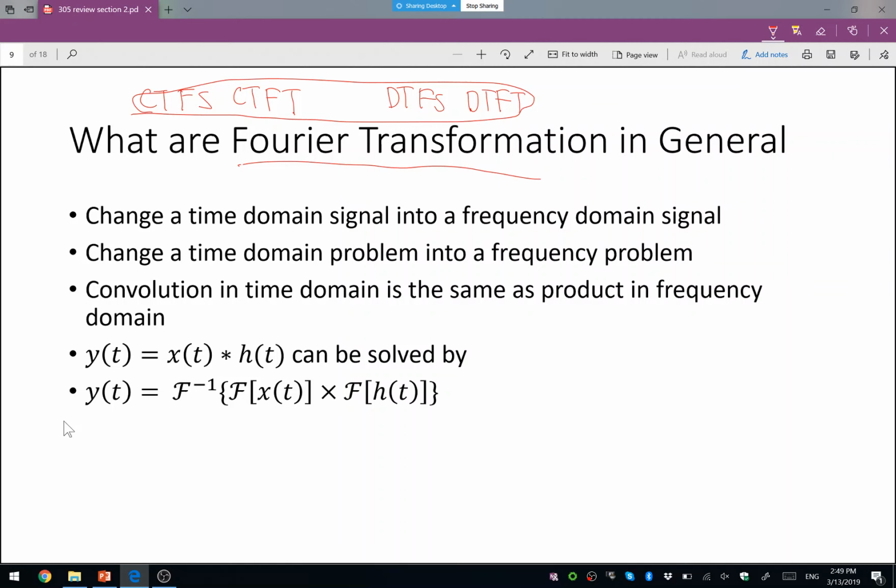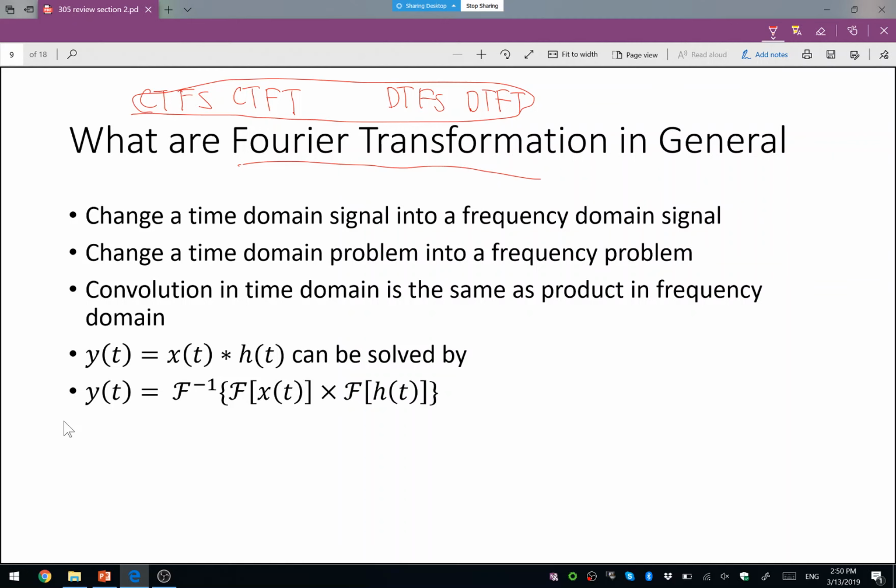messy thing. I want to say Fourier transformation is one kind of machine where you give a time domain signal as input, and the output will be a frequency domain signal. That means the output will be nothing about time; everything is about frequency.